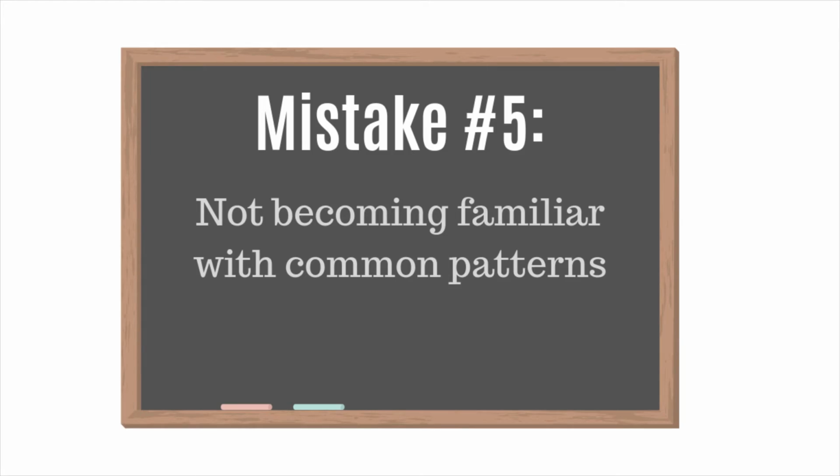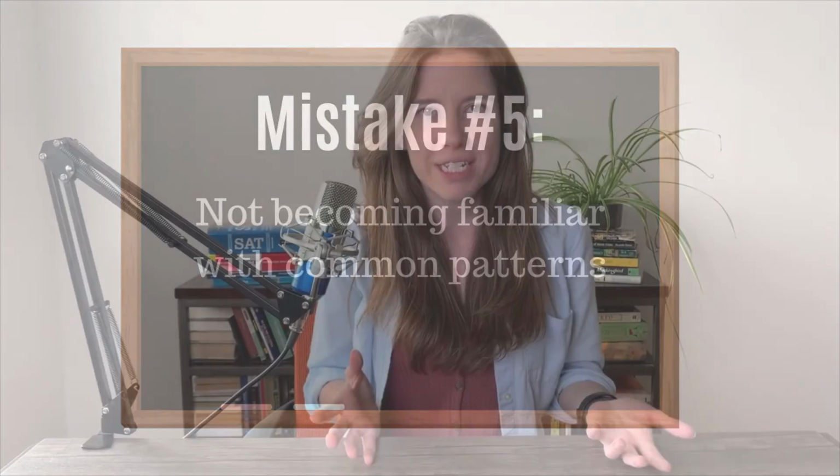Mistake number 5, not knowing the common patterns that show up on the test. Remember when I talked in rule number 1 that you don't need a calculator in order to get through all the questions on the ACT in the time that's given to you? One of the ways that the ACT test makers make sure that you can achieve this is by using common number patterns over and over and over again on the test.